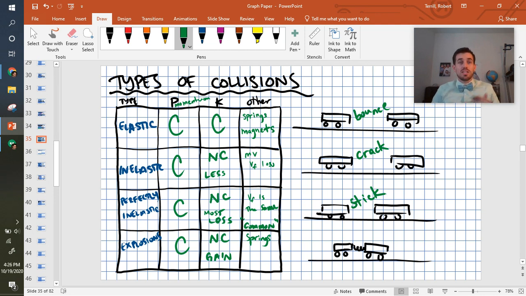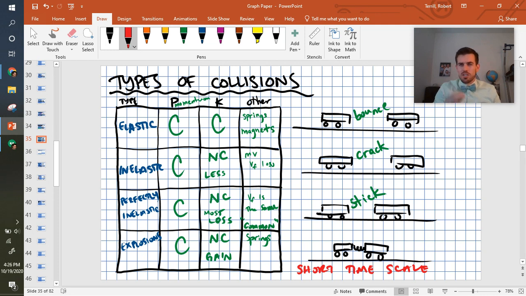The last thing that I want to say about collisions in general is that you can really treat momentum as being conserved if we do it on a short time scale. So if any of these objects were actually on an incline, we couldn't say that the momentum was conserved the entire time because there's going to be that outside force of gravity that acts on them and causes the momentum to slowly add up more and more downslope.